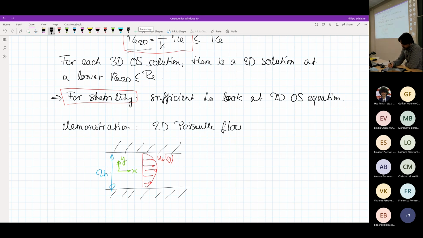So my question now is, at what Reynolds number does this flow become unstable?